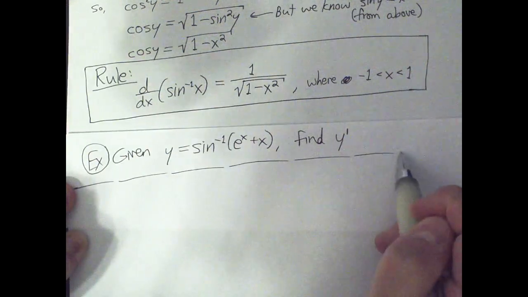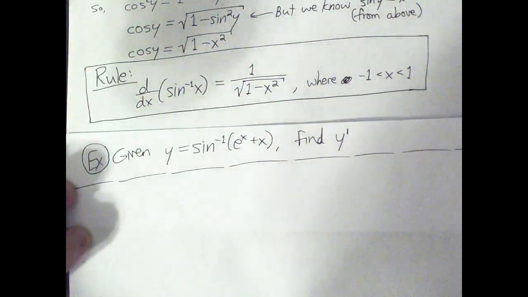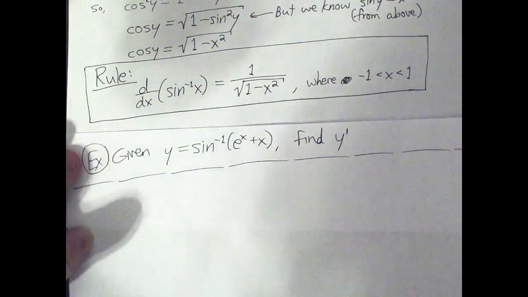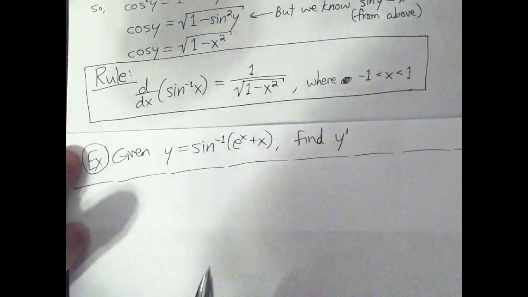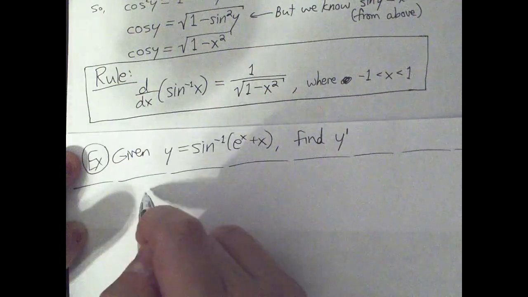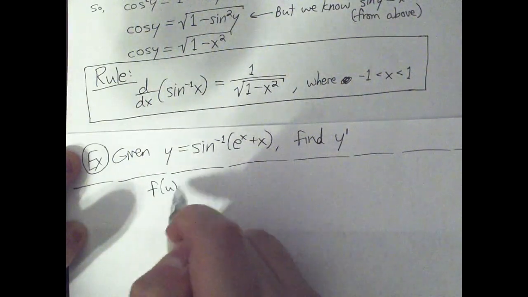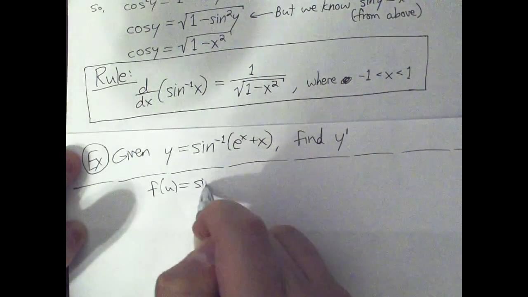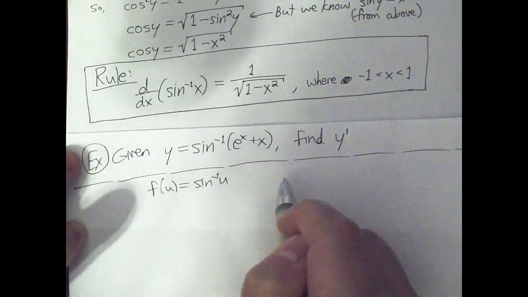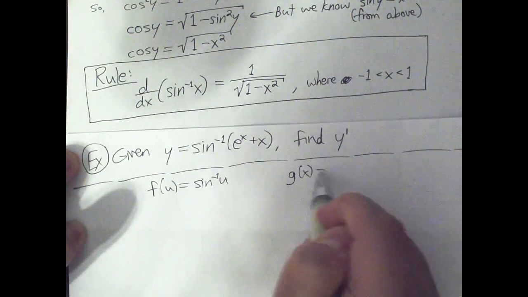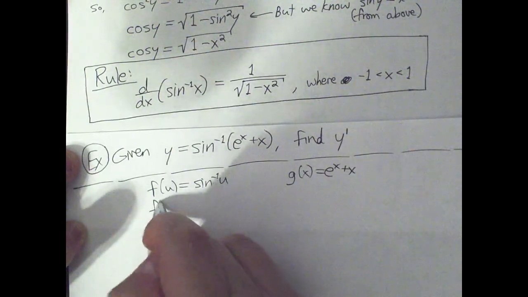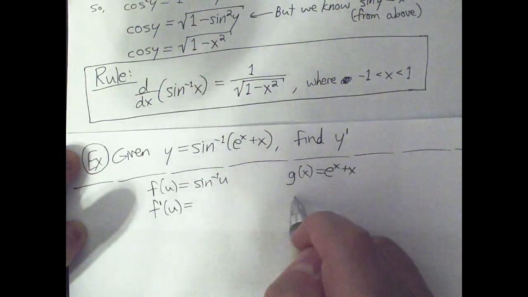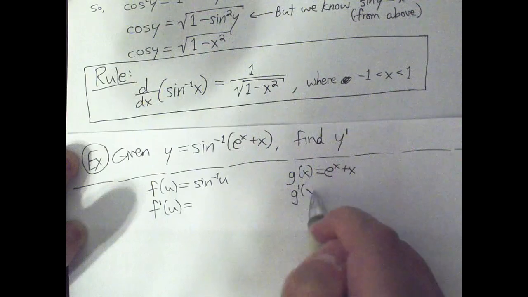Of course, we're going to use this new rule that we just derived, and we'll figure out what else we need. It's not just inverse sine of x, it's inverse sine of this stuff. So it's a chain rule problem where the outer function is inverse sine and the inner function is the stuff in parentheses. Of course, by now, you know, we don't have to write out all of these chain rule steps. We could do some of this in our head.